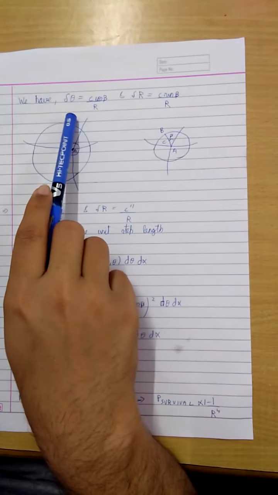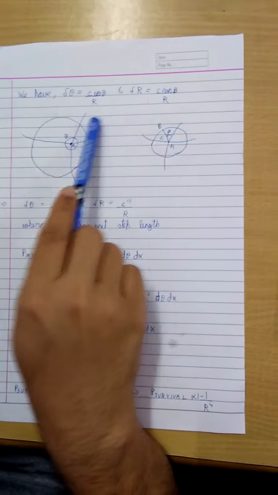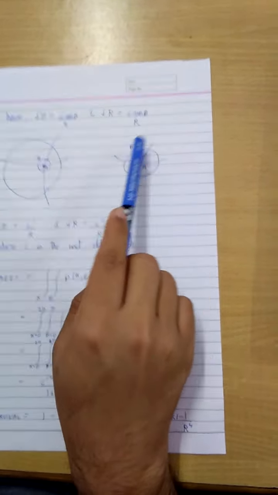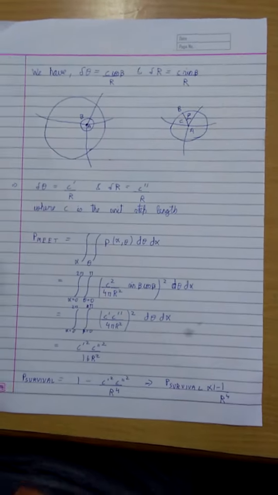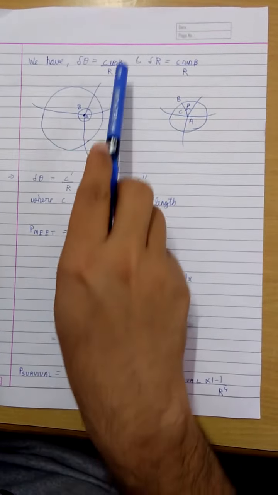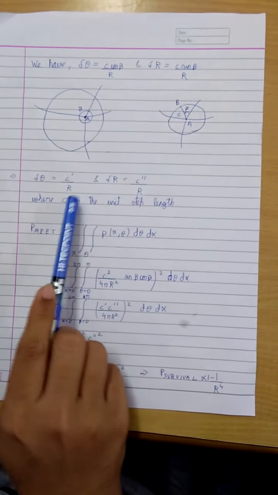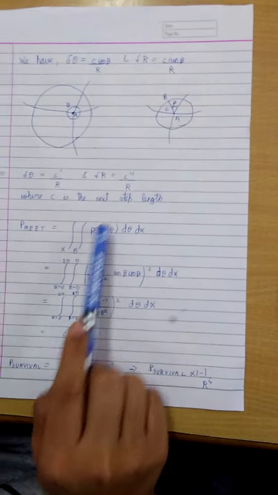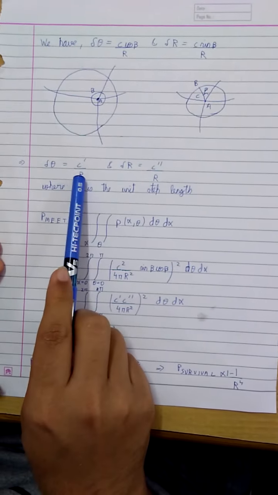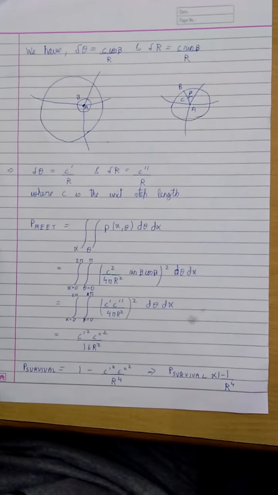Thus, del theta can be found to be C cos beta by R and del alpha as C sin beta by R using basic trigonometry. This can further be written as C dash by R and C double dash by R, that is, there are two random constants.